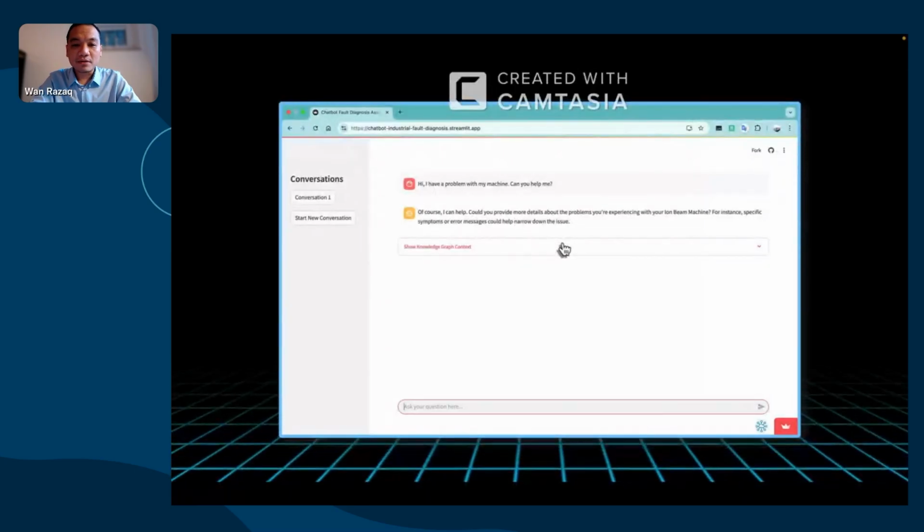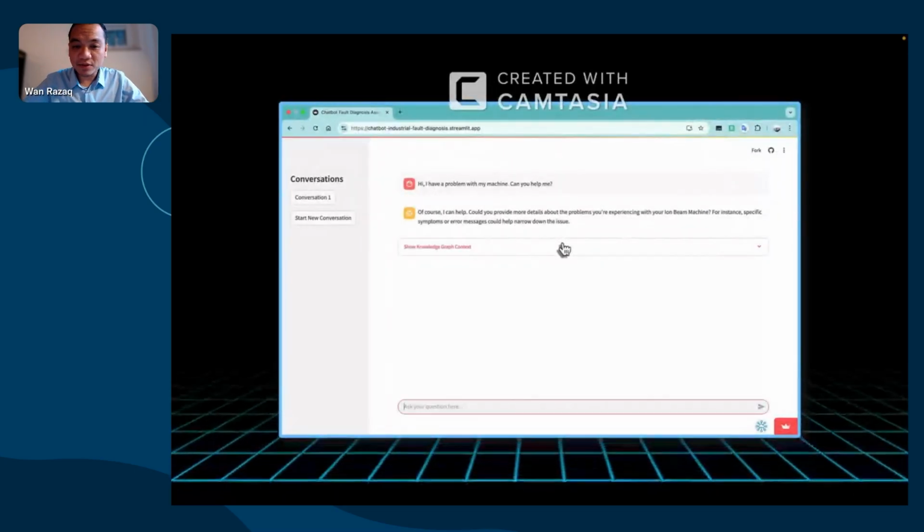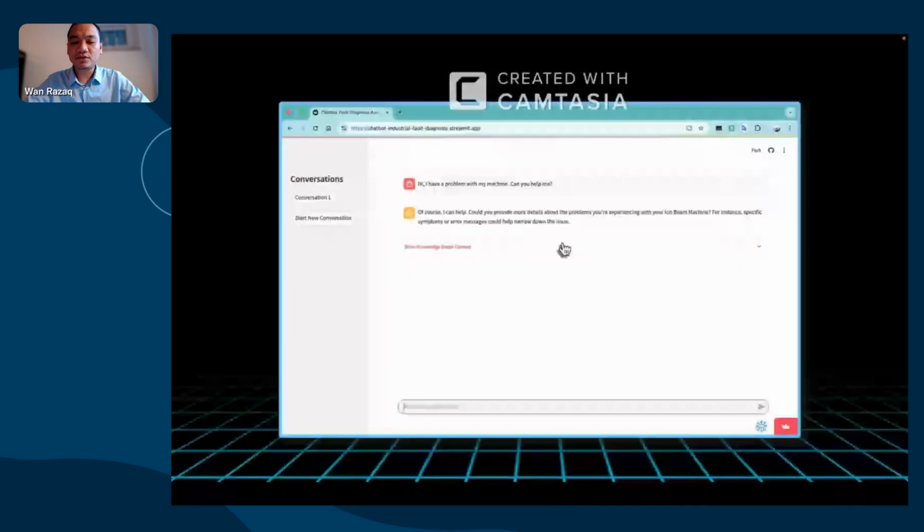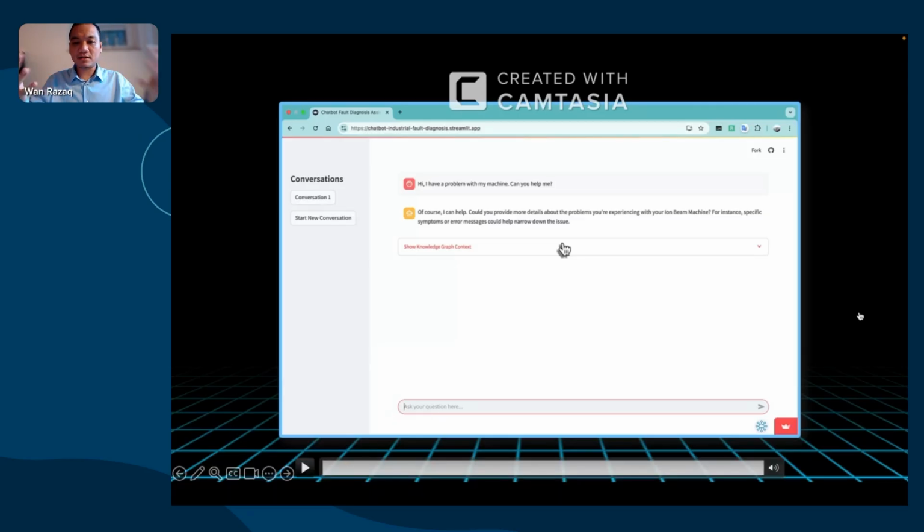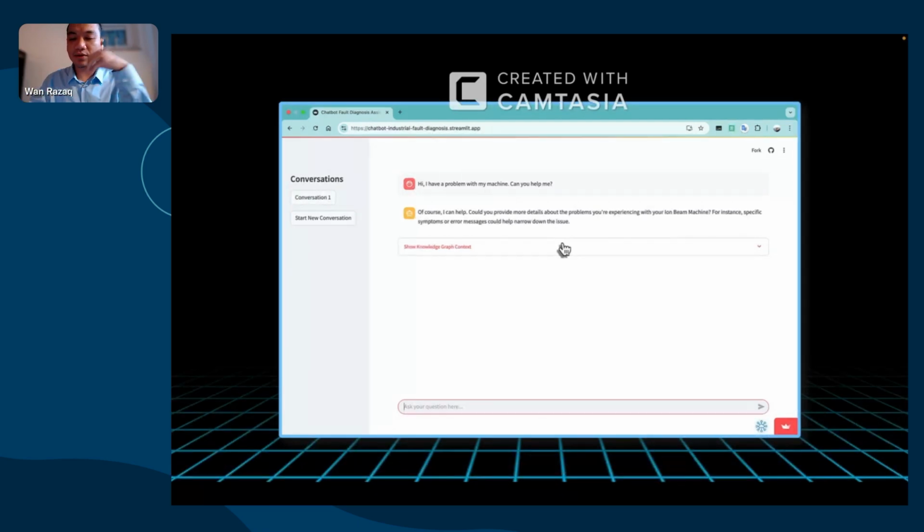The system or chatbot would happily answer you 24/7 with very accurate answers. "Of course, I can help. Could you provide more details about the problems you're experiencing with your IBM machines? For instance, specific symptoms or error messages could help narrow down the issues." We are going to talk about how I came up with this prototype.